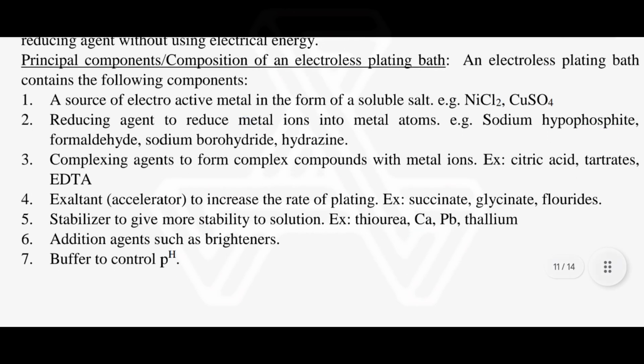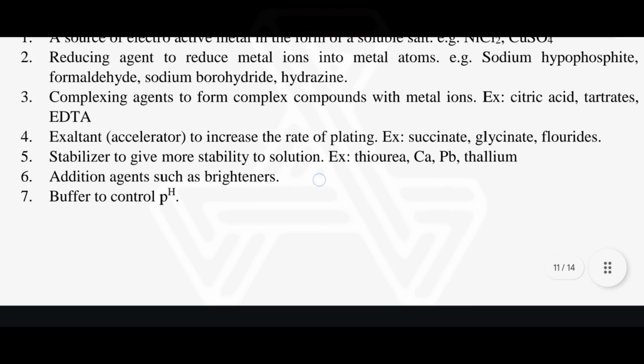Complexing agents to form complex compounds with metal ions, for example citric acid, tartrates, EDTA. An exaltant or accelerator to increase the rate of plating, for example succinate, glycinate, fluorides.